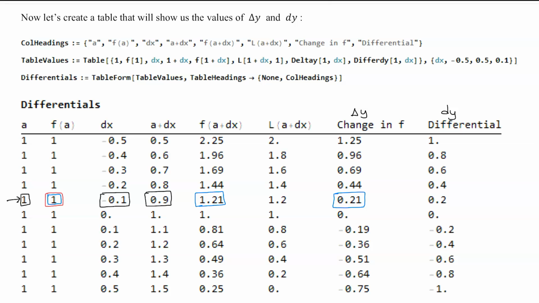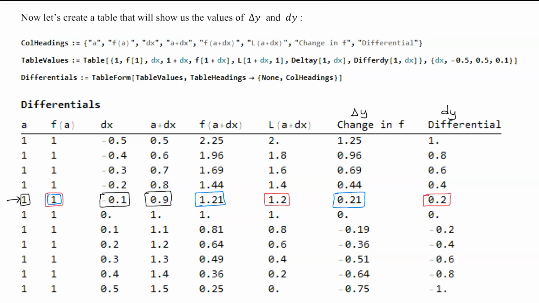Now I can also think about, I was on the tangent line y value of 1. So remember, when we're at the point of tangency, that is the one point that is both on the function and on the tangent line. And when my x-coordinate moved 0.1 units to the left to 0.9, my y-coordinate on the tangent line moved up to 1.2.